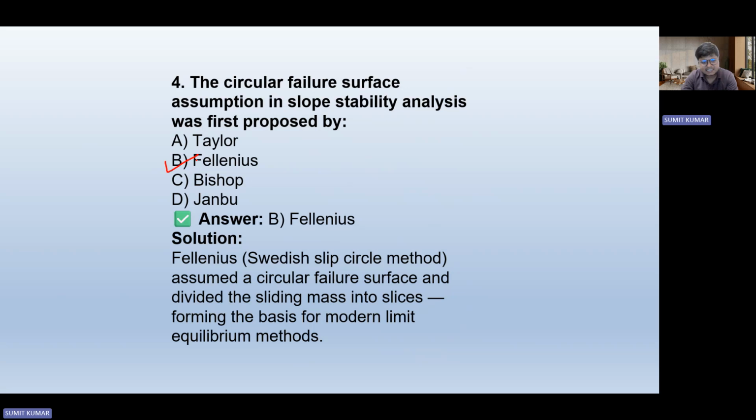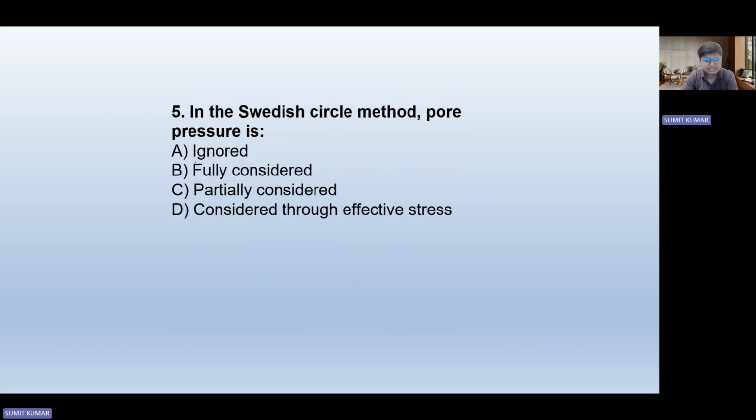The Fellenius Swedish circle method assumes a circular failure surface and divides the sliding mass into slices, forming the basis for the modern limit equilibrium methods which we use at present.